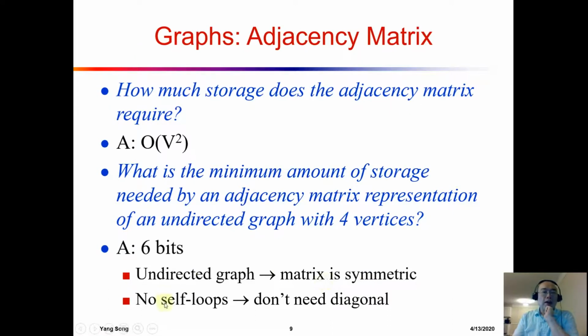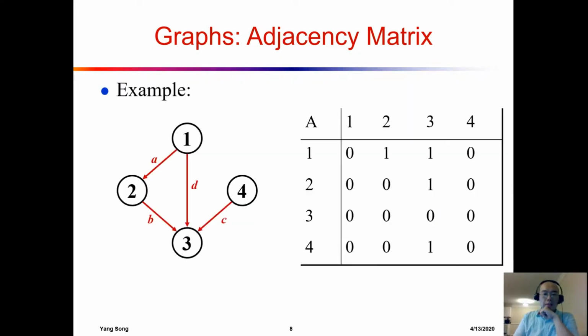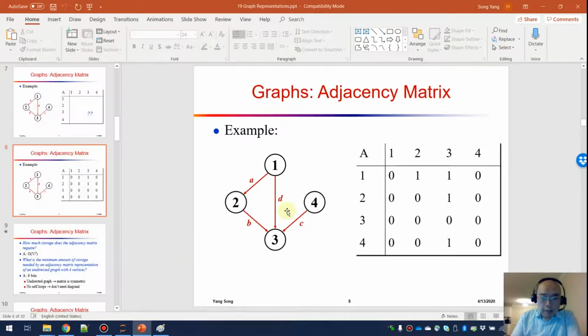And another definition of the undirected graph is there's no self loop. So there's no loop from u to itself. In this case, we don't need the diagonals. If we come back to this example, this is a directed one, so probably that's not a good example.